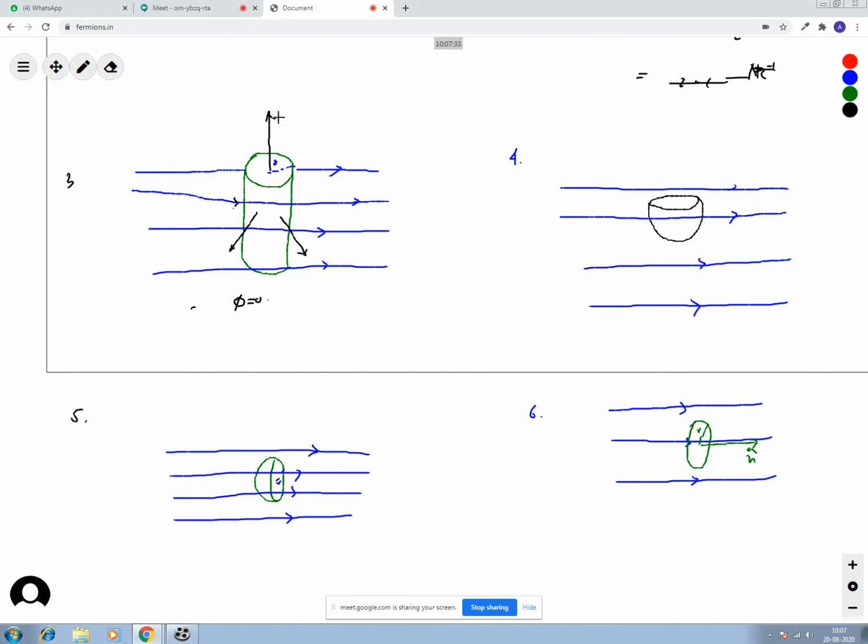What about this case? So this is the lateral surface. Remember, electric field lines always pass through surface normally. These electric field lines are not normal to the lateral surface of the cylinder at all. Okay? So in that case, no flux question is here at all.